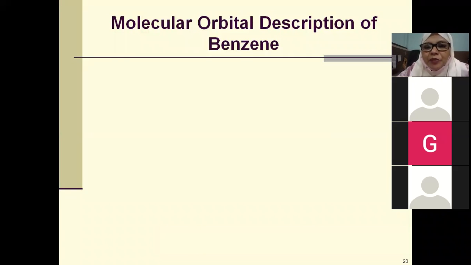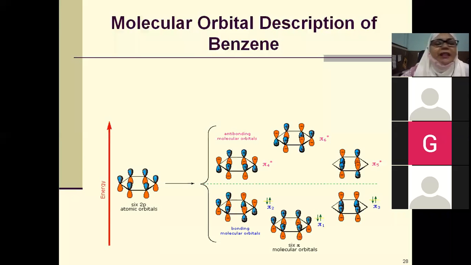Now we will see the molecular orbital description of benzene. Okay, so here you can see in this diagram, you will find it a little difficult or complicated, but it's not very complicated, it's very simple. Here you can see this is the energy level I have shown, and this is your benzene ring, a simple benzene ring having all 6 carbon atoms containing p orbitals at top and bottom.